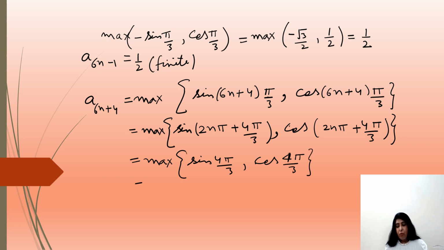Now you have to solve for pi by 3. So what will we do? We will write this as sine of pi plus pi by 3 and cos of pi plus pi by 3.